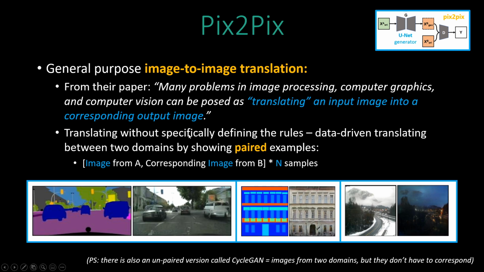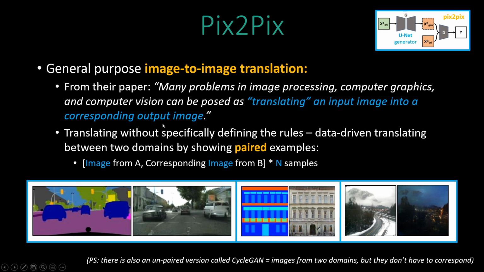So the first model that we want to focus on today is the pix-to-pix architecture, and that one poses the task that we want to train on or learn as image-to-image translation.